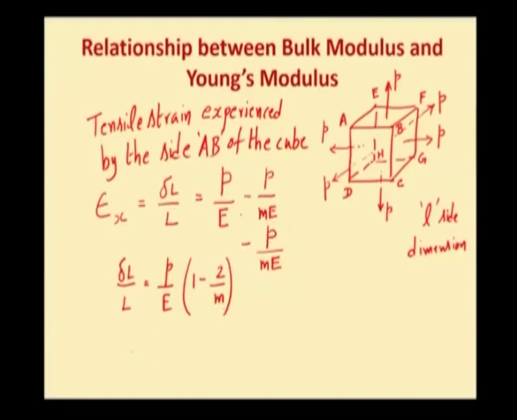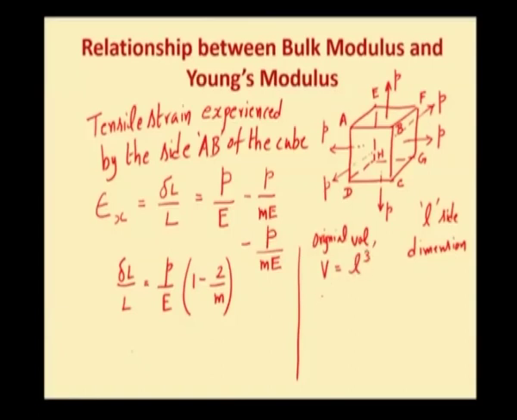In the above equation, p by E is taken outside as common, and you will get this equation. Now, the original volume of the cube V will be L cube.